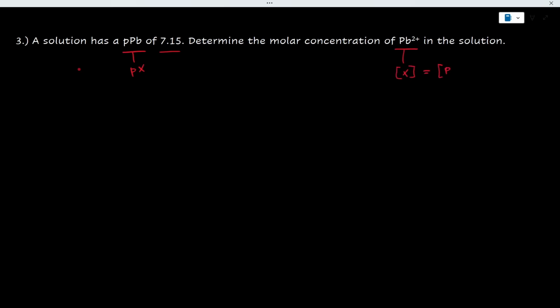Following the formula, the concentration of Pb2+ is equal to 10 to the negative px, which is 7.15, equal to 7.1 times 10 to the negative 8 molarity. That's it. It's a very straightforward problem.